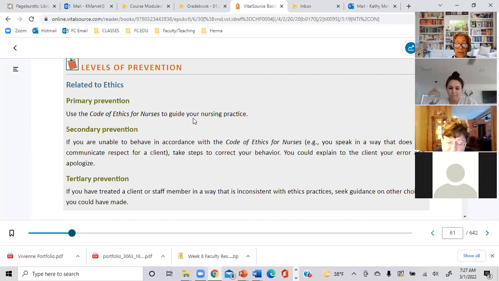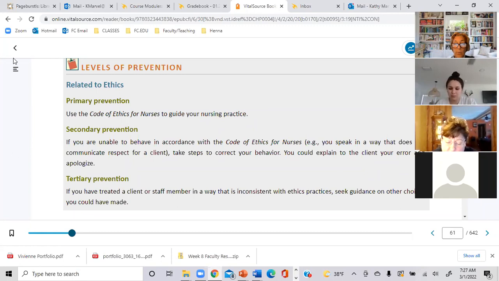Secondary. If you're unable to behave in accordance with your code of ethics, maybe you speak in a way that does not communicate respect for a client, you take steps to correct your behavior. You could explain to the client your error and apologize. This doesn't scream screening, but what it does, for me, since I always take screening to a different level, is early identification and early intervention.